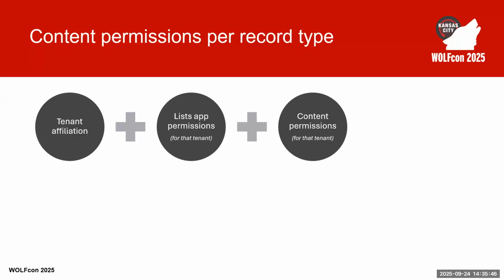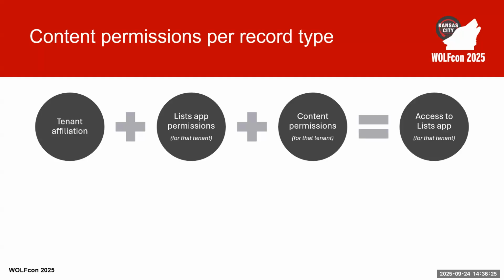You also have to have access to whatever record types you're trying to create a list of in that tenant. Those content permissions are based on the user's regular permissions that they would already have to do their role. So the idea is that if somebody has access to the Orders app, then in the Lists app they'd be able to see order information, or users, they'd be able to see user information. But if they don't have access to these other apps with their usual FOLIO permissions, they would not be able to see that content in the Lists app.